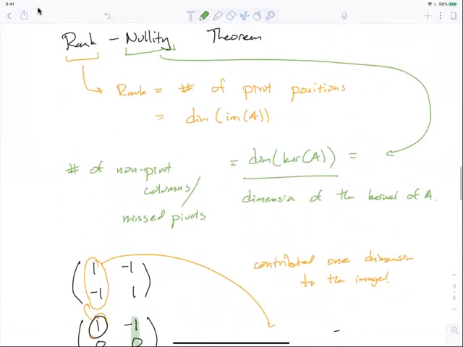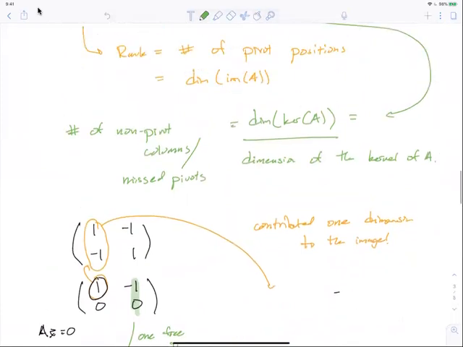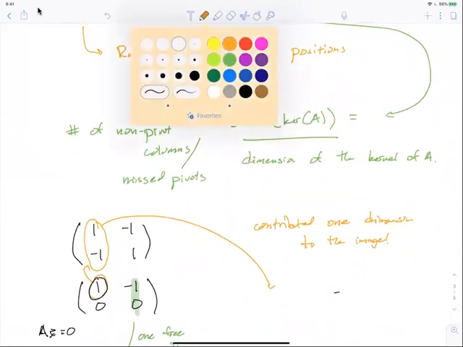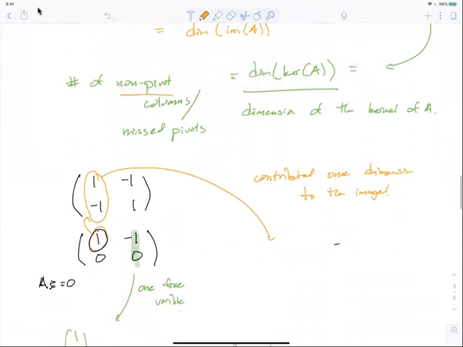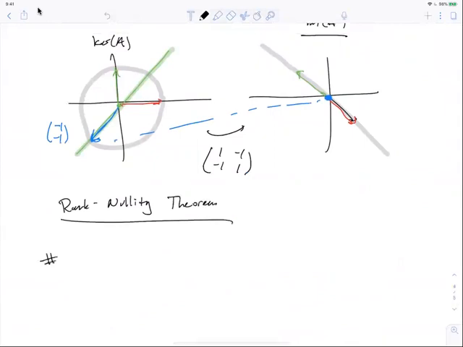Because every column in a matrix either is a pivot or is a non-pivot, what we get is that the number of columns of our matrix, and this gives us the rank nullity theorem, the rank nullity theorem says that the number of columns is equal to the number of pivot columns plus the number of non-pivot columns.